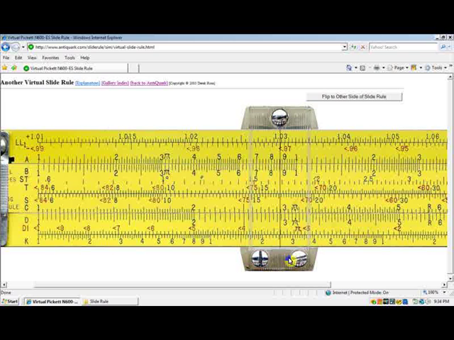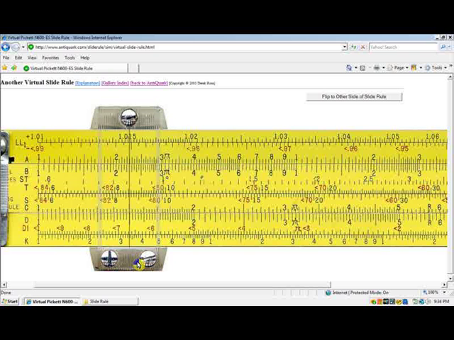Something like 1.5 squared, 2.25. And here's your 2. There's your 0.2 and 0.05. So that's how we can use the A and the B scale for squares and likewise square roots, right?